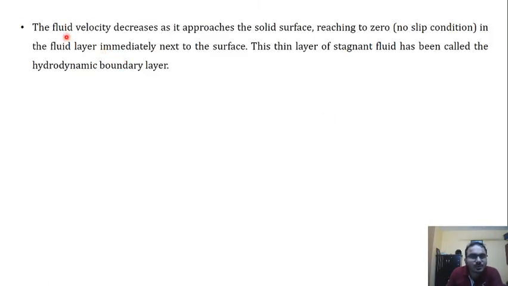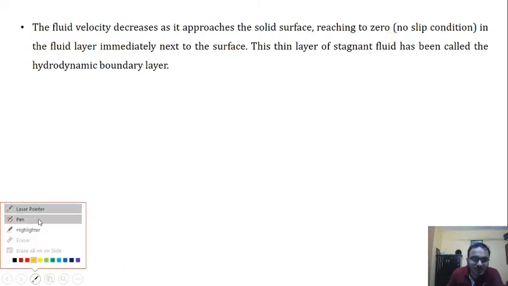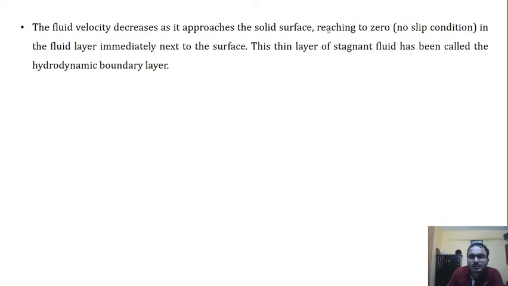So here the fluid velocity decreases as it approaches the solid surface, reaching zero, which is also known as the no slip condition, in the fluid layer immediately next to the surface. This thin layer of stagnant fluid, where the velocity is zero, has been called the hydrodynamic boundary layer.